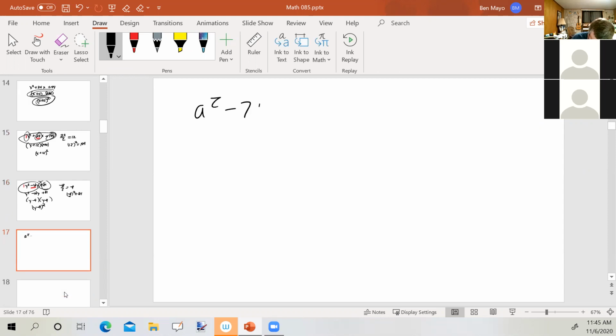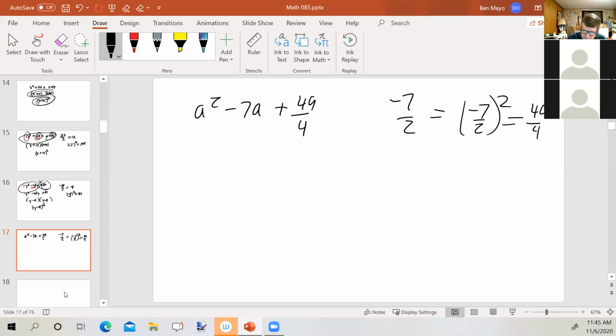A squared minus 7a. So here again, I'm going to take the coefficient of a, which is negative 7. I'm going to cut it in half, which is negative 7 halves. I'm going to square it, which is 49 fourths. And I'm going to add that to make it into a perfect square.